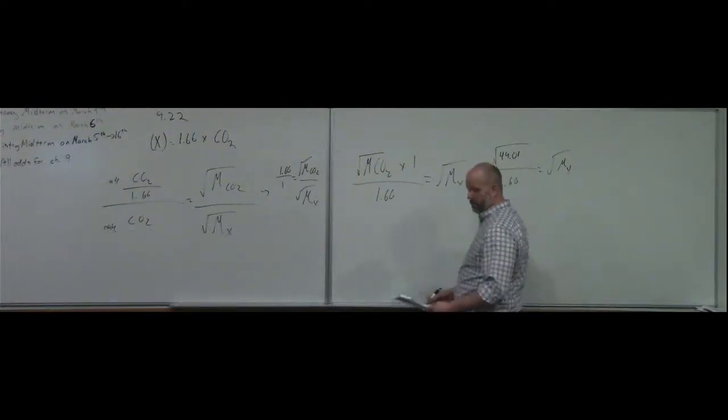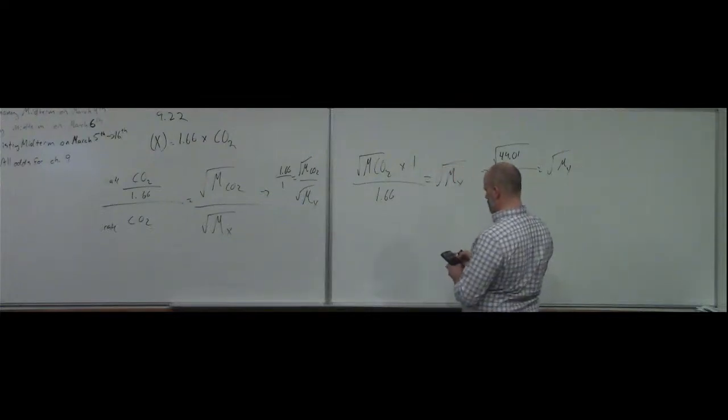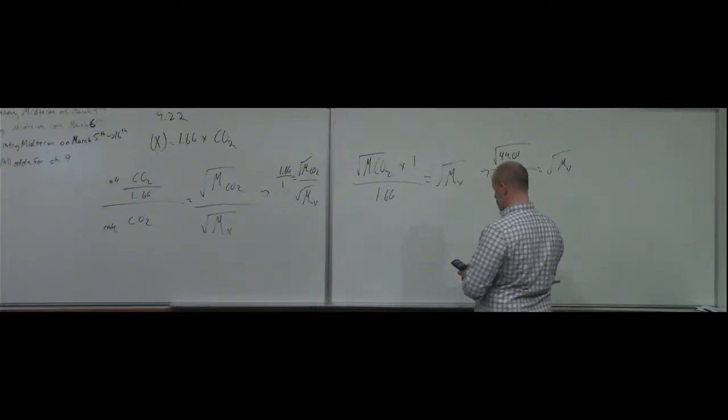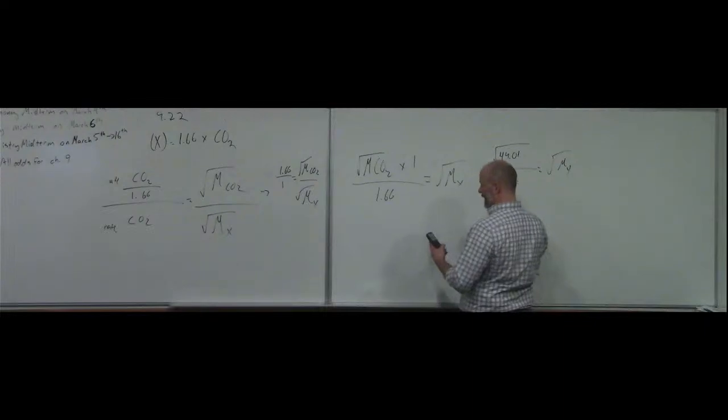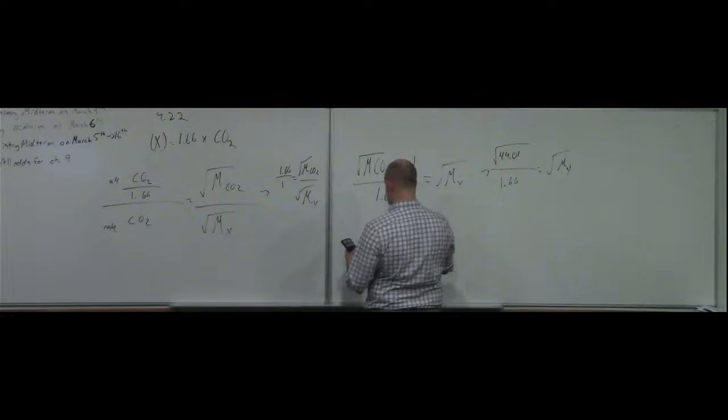So let's go ahead and do that. I get 3.996, so I'm going to go 4.00 equals the square root of m sub x.